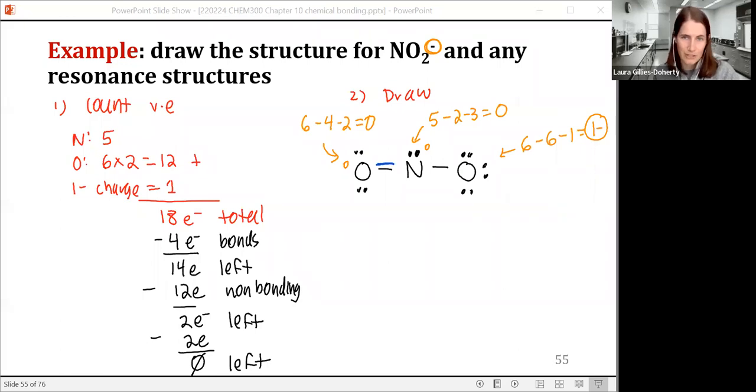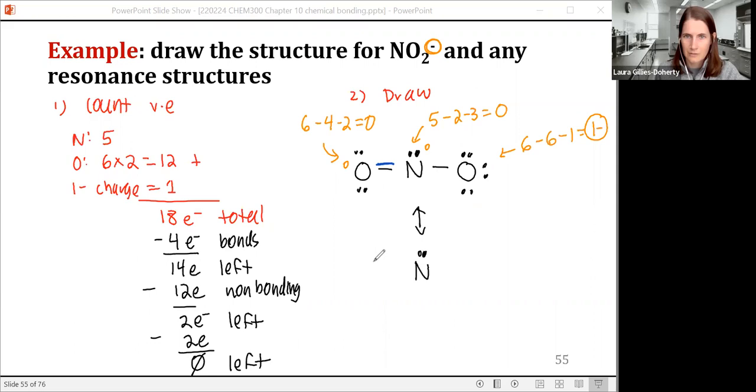So this is a fine structure, but it's not the only structure. I randomly chose to take 2 electrons from the leftmost oxygen and turn it into a double bond, but I could have just as easily taken 2 electrons from the rightmost oxygen and turned that into a double bond. And so nitrite has resonance. We draw our arrow here.